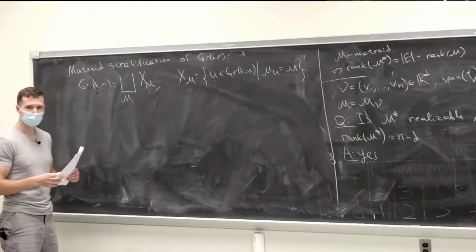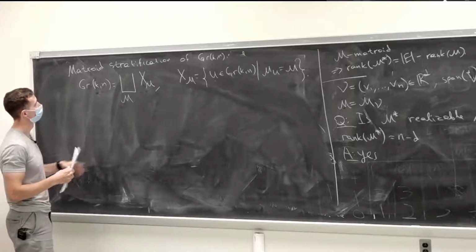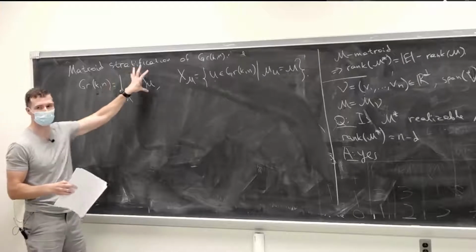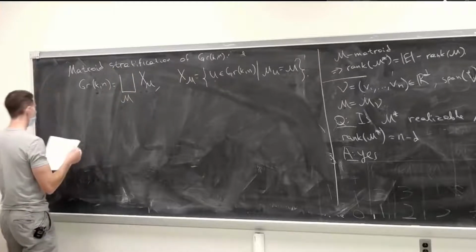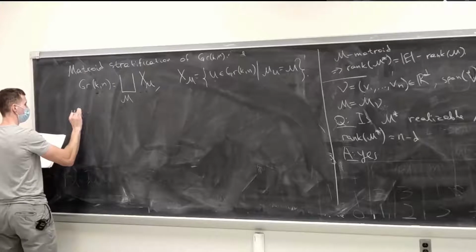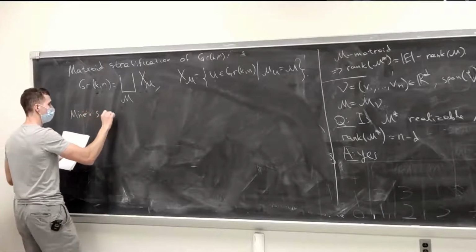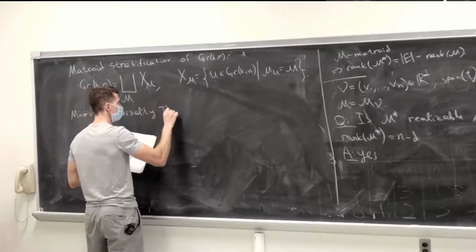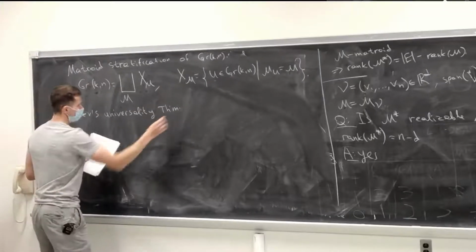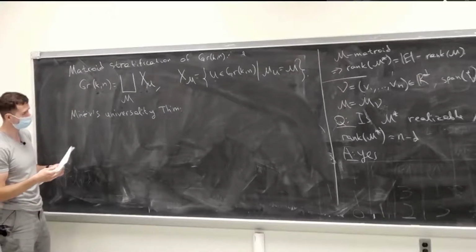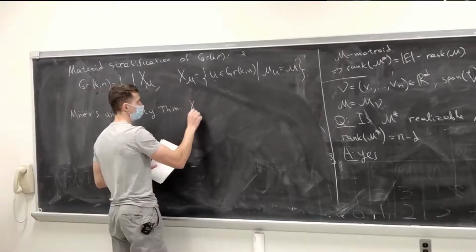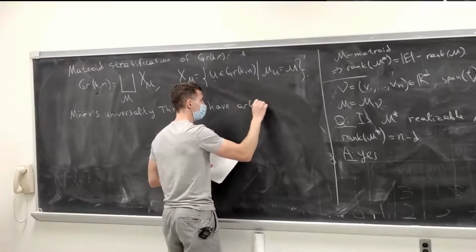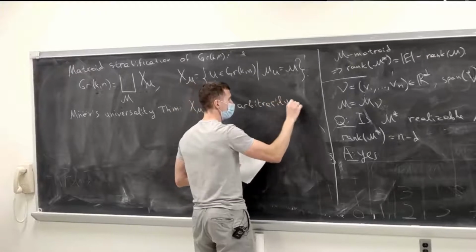Okay. So the actual reality is the opposite of what we just discussed. These pieces are super bad. There is something called Mnev's Universality theorem, which tells you that these pieces X of M have arbitrarily bad topology.